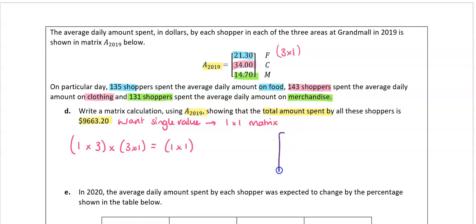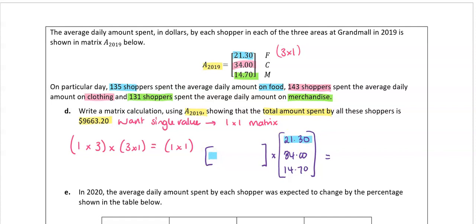So I know I've got my matrix A. I've said I have to multiply it by this row matrix, so 1 by 3. And so I'm thinking about here, remember anything that's in the first position, the start of the row, you're going to multiply by the start of the column when you're doing your run and dive.